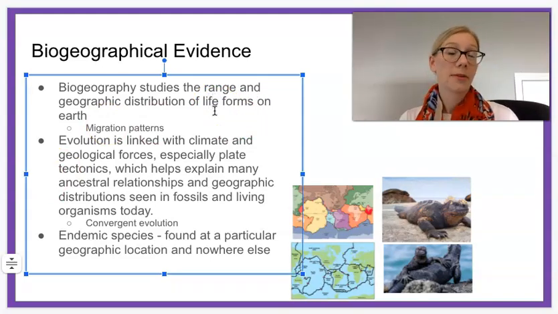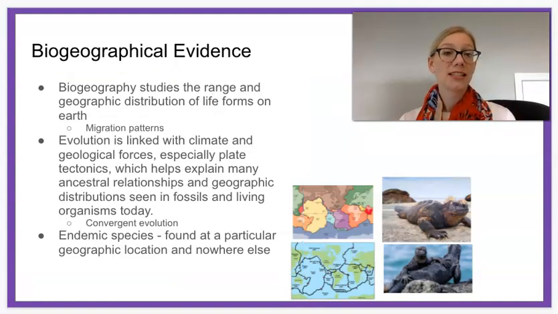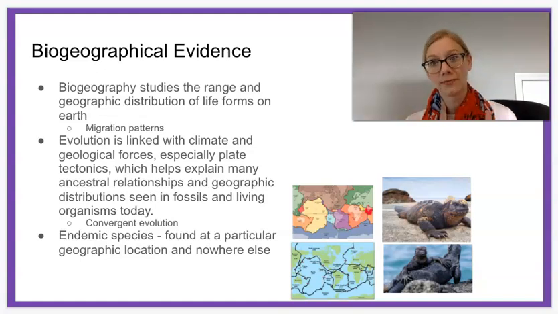It can talk about how evolution is linked to climate and geological forces, especially plate tectonics, which may help explain why we see many ancestral relationships and geographic distributions in fossils of living organisms today. Sometimes it even explains convergent evolution, basically things changing in the same way, for the same function, but maybe not even related to each other.